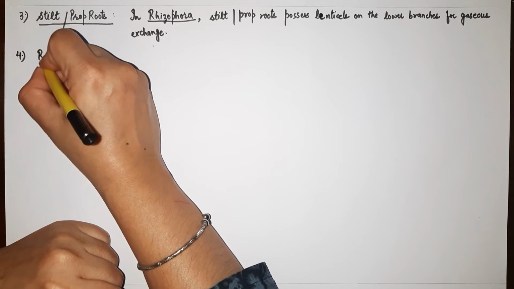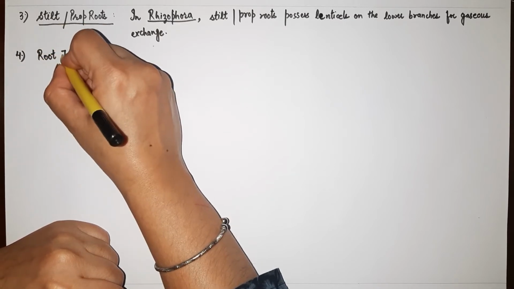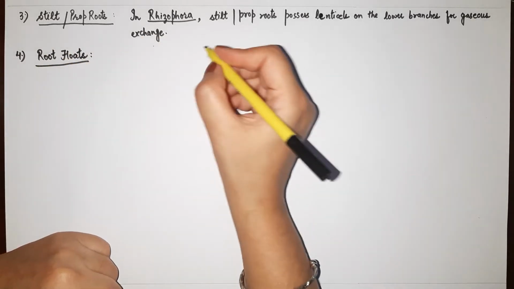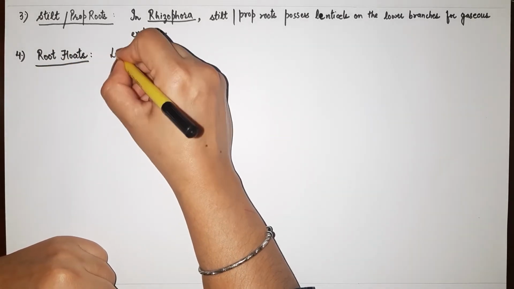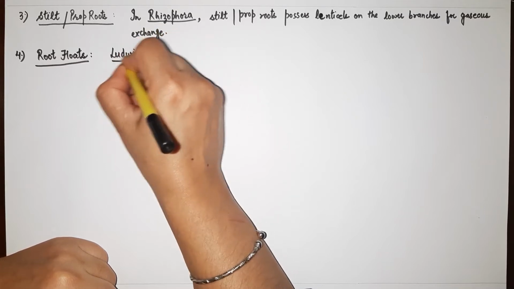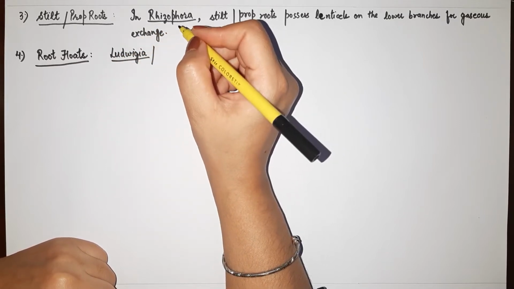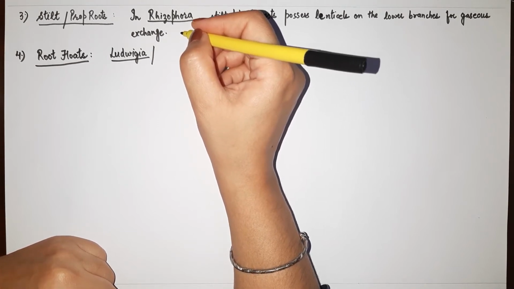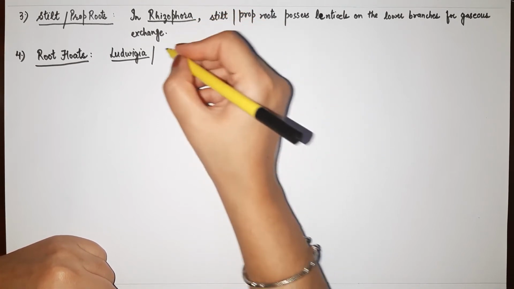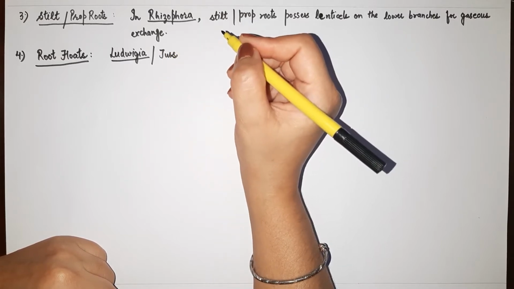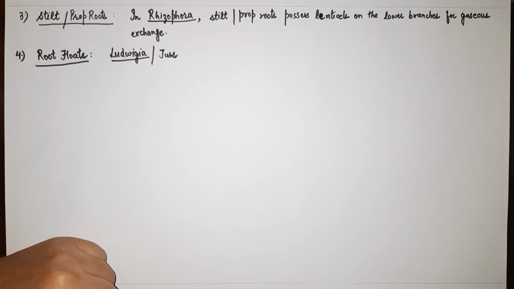Then we have root floats. These are found in a hydrophyte called Ludwigia, or this is called Jussiaea. Okay.